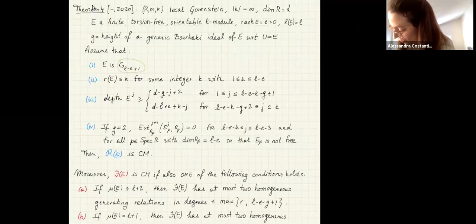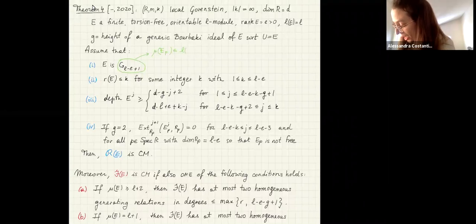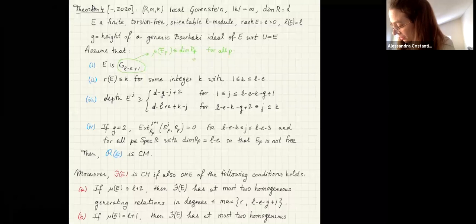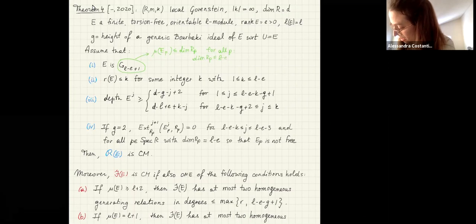The G_l condition here, if you've never seen it before, this is just telling you that the minimal number of generators of your module is at most, sorry, is at most the dimension of R_P plus e minus 1, for all primes P with the dimension of R_P at most l minus e, and that's where I stop. So 1 less than this.